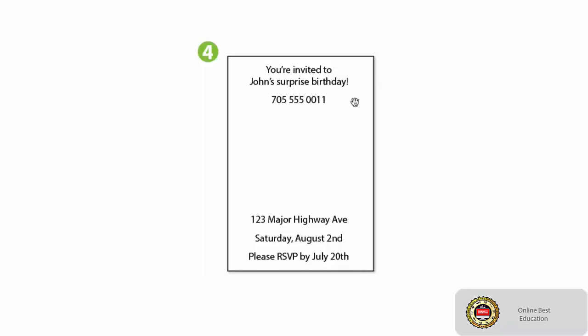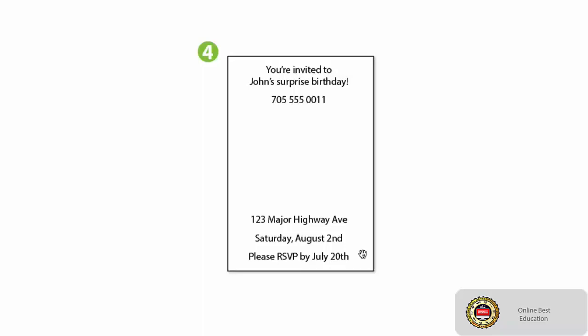And the same holds true for the content down towards the bottom. We have the address, the date, and the please RSVP date. We're putting these three elements together, and that implies that they are somehow related to one another. Okay? So, group elements together in some kind of logical order. That's really the point that I'm trying to make here. Elements that are intellectually connected should be visually connected.